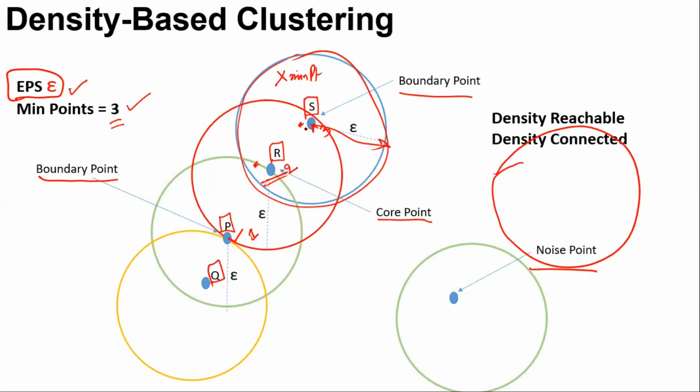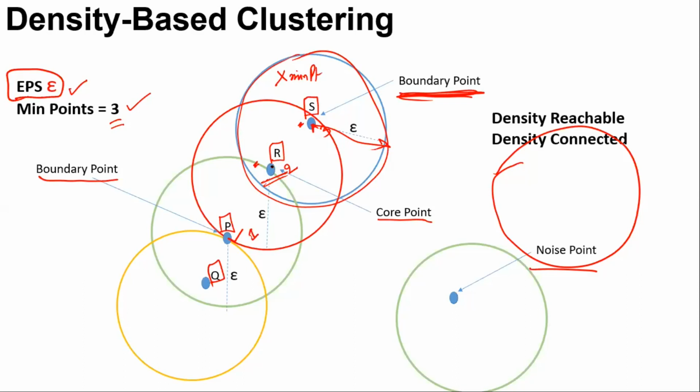We call this a boundary point. Is that clear now? A point can be either a core point or a boundary point. Why do we call this a boundary point? That is also very important.